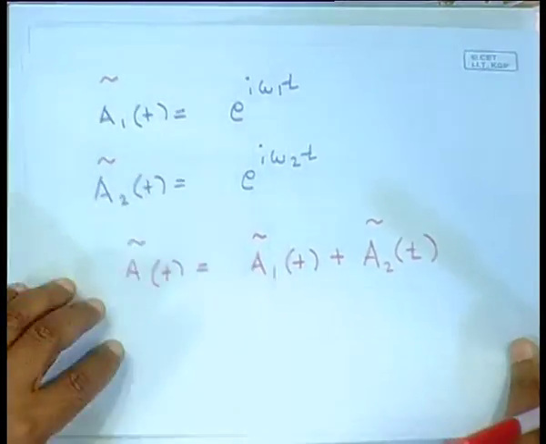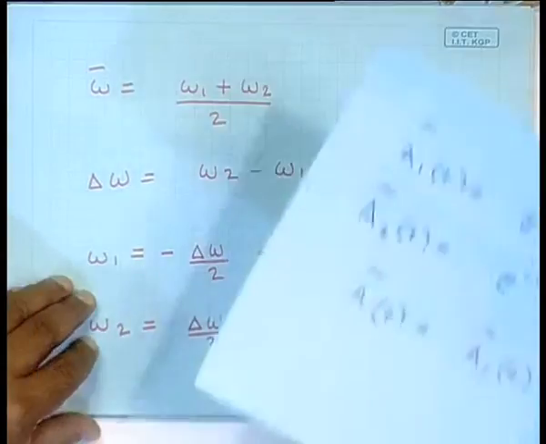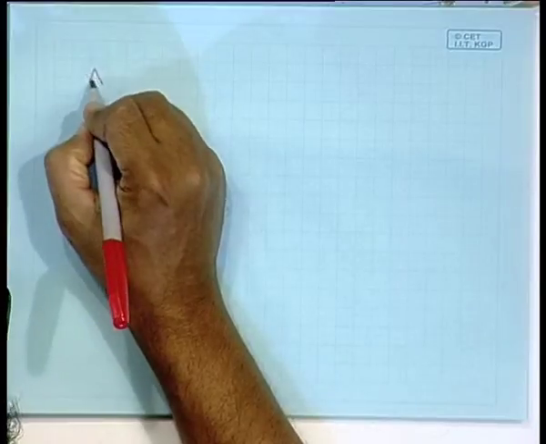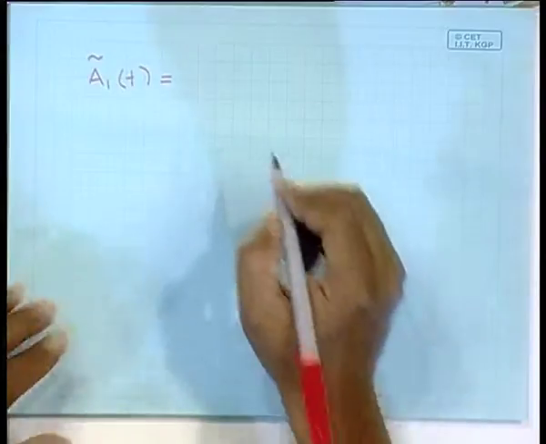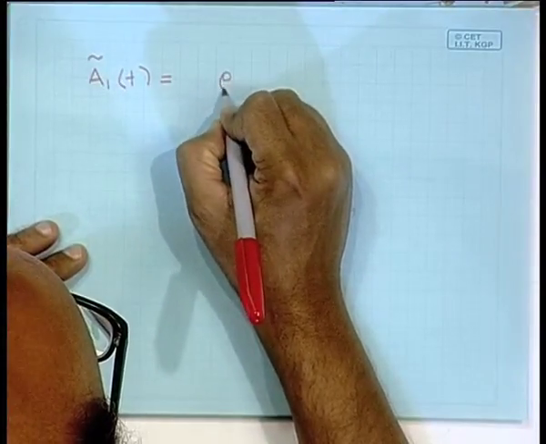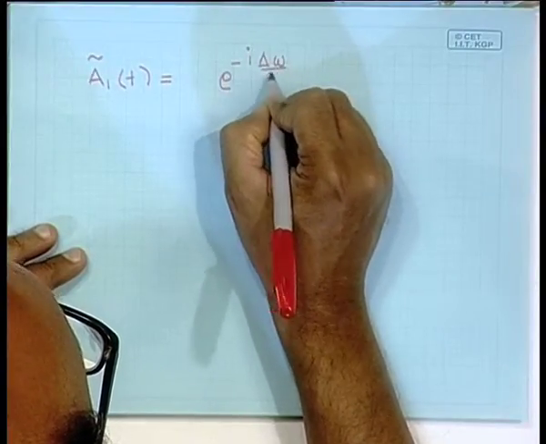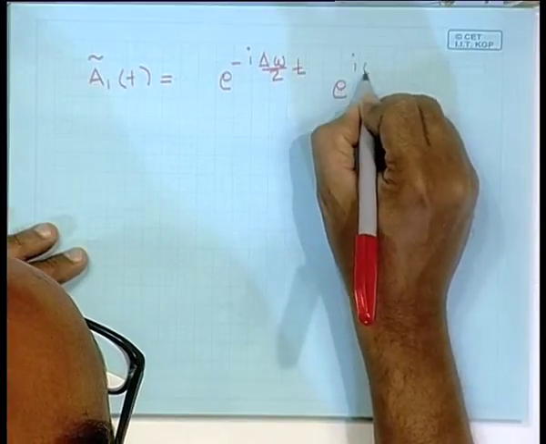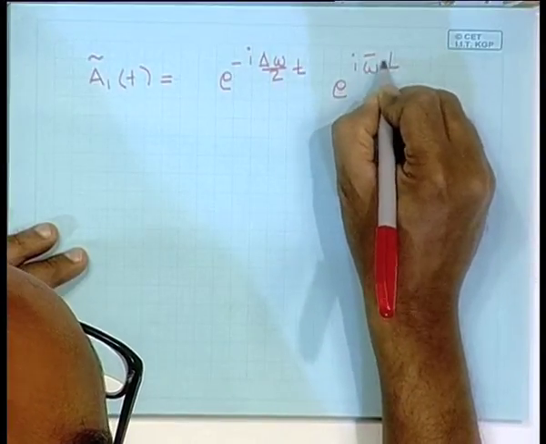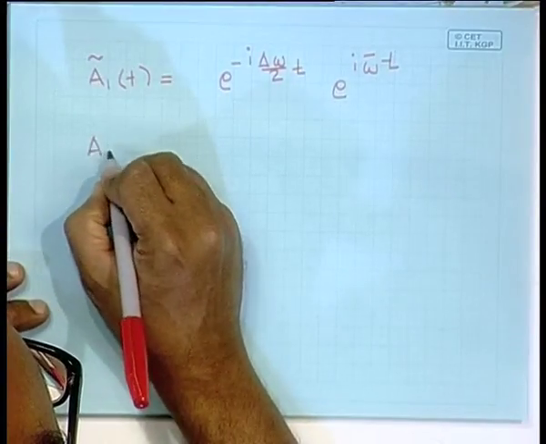So, the first wave written in terms of these variables becomes A1 This is the first wave with frequency omega 1, this is the second wave with frequency omega 2.